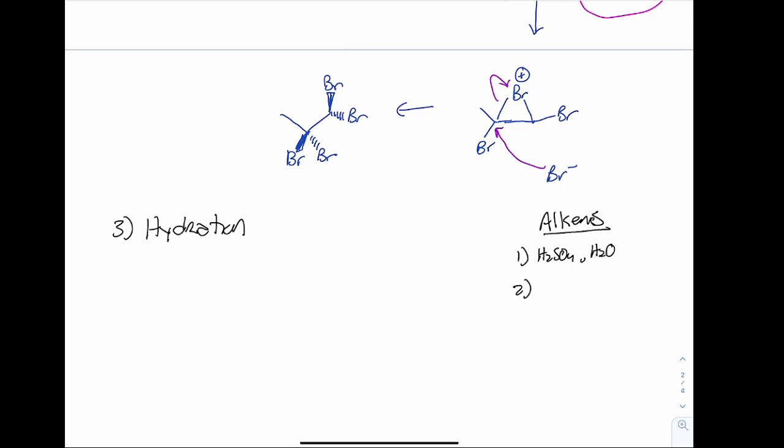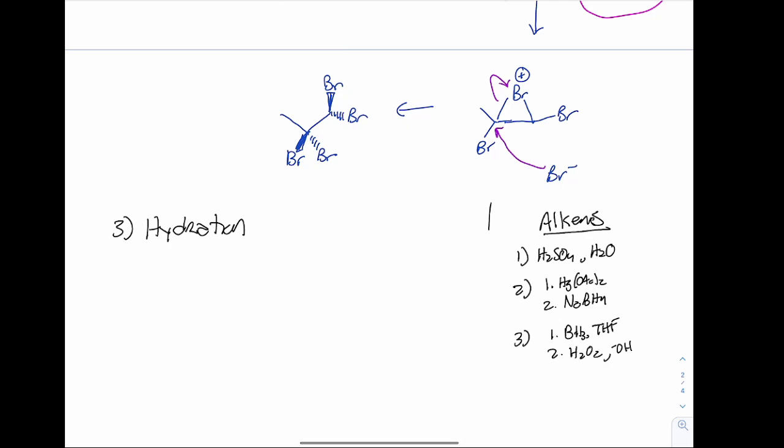Our second way was oxymercuration, so we used mercury acetate, and then in a second step, sodium borohydride. Often we would have solvent and things thrown in there also. And then our third one was our hydroboration, so BH3, usually tetrahydrofuran, THF. And then a second step, hydrogen peroxide and hydroxide ions. Those were our 3 methods for alkenes.